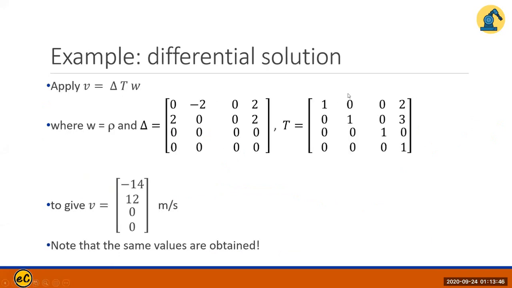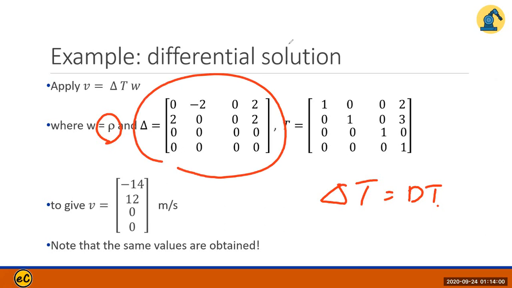And we can formulate dTW equals something like this. Let's assume that W is the rho, the point, and your delta T is your dt matrix, and your delta here, 2, is the so-called velocity change with respect to the frame. So for your frame C, you have 2 away, and this is the angular speed of 2, with cosine theta.